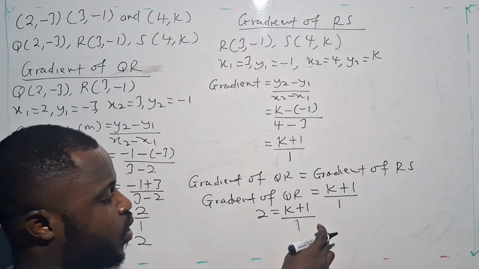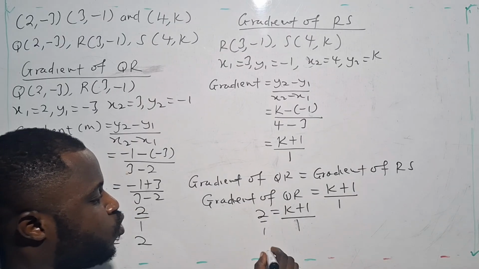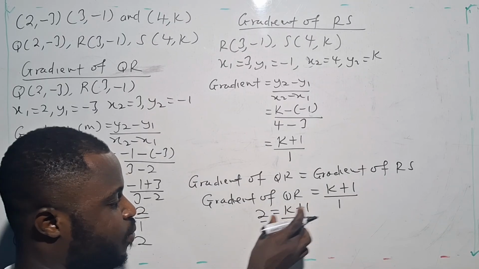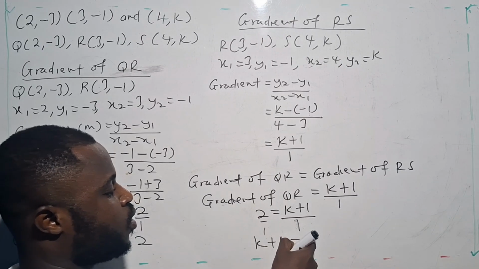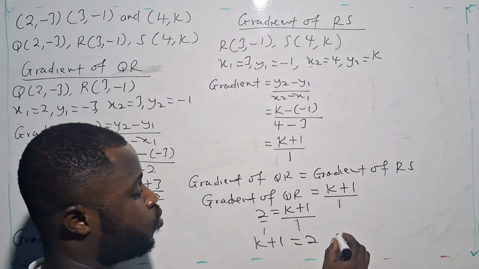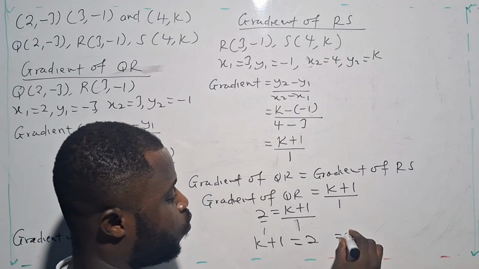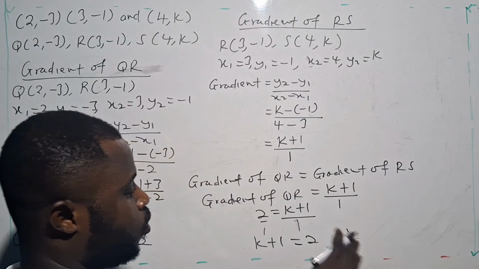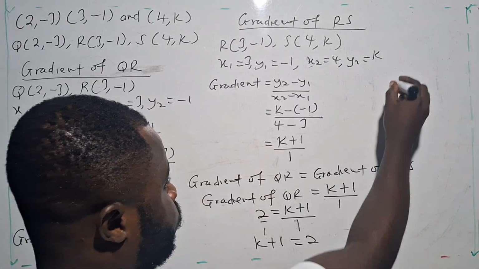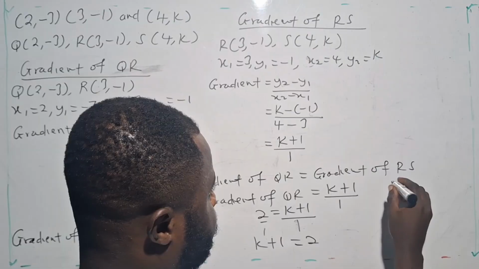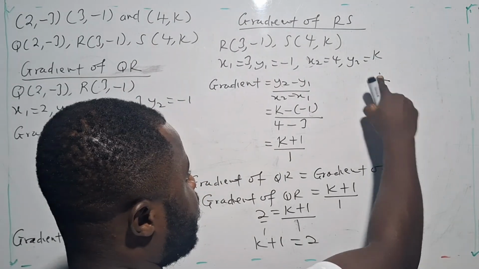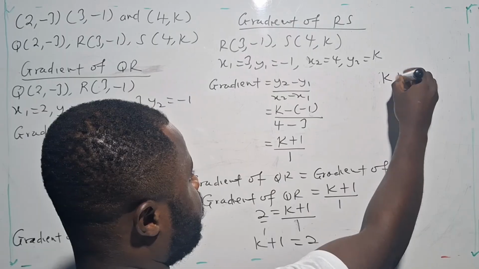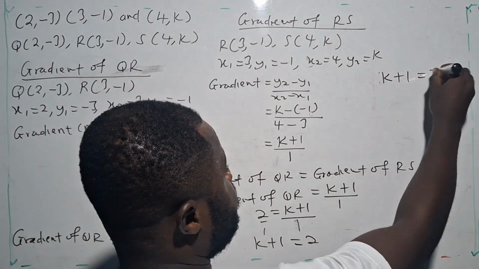So what do we do here? We can cross multiply. This is over 1, so this element multiplied by 1 gives the same, K plus 1. Then 2 times 1 will also give us 2. Now follow closely. So now I've gotten K plus 1 is equal to 2.